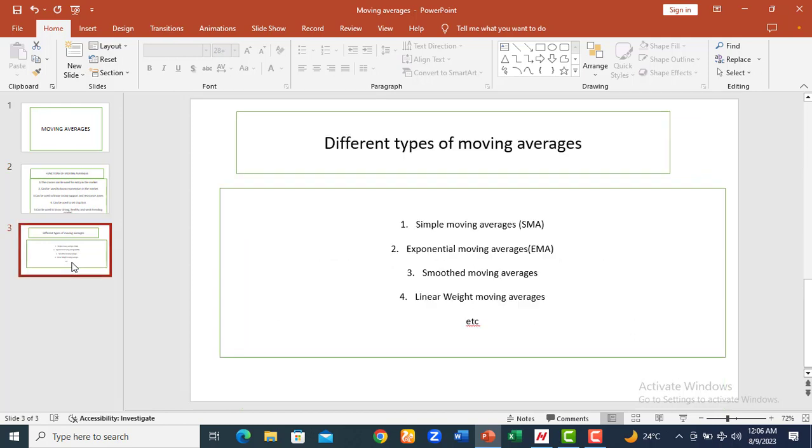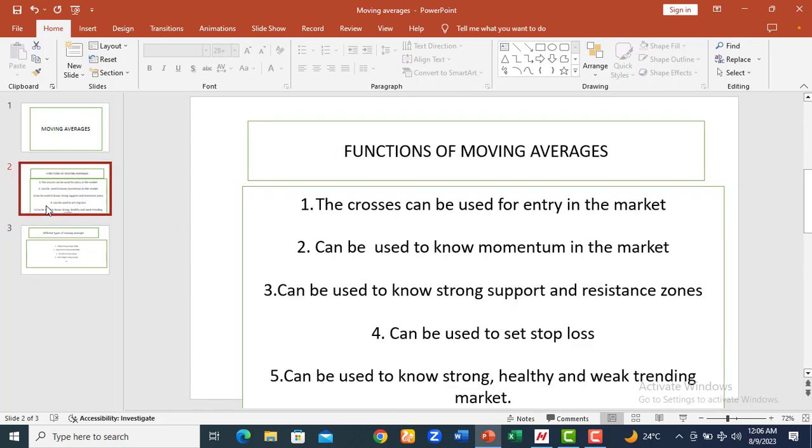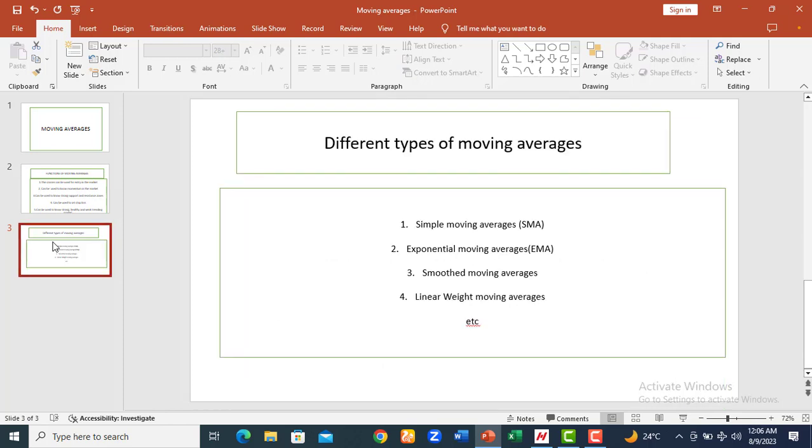The difference between the simple moving average and the exponential moving average is that the exponential moving average is faster than the simple moving average, and the exponential moving average is used by short-term traders, while the simple moving average is used by long-term traders in the market. So they are almost the same.